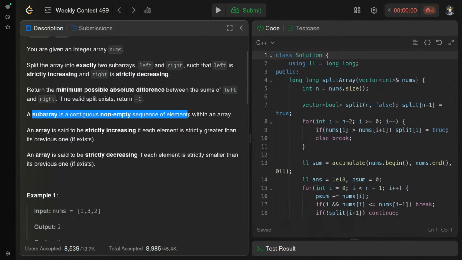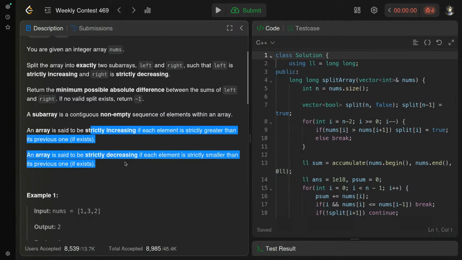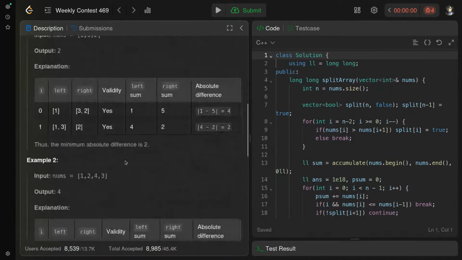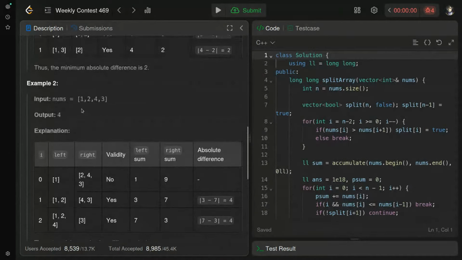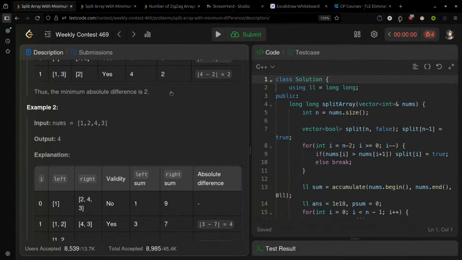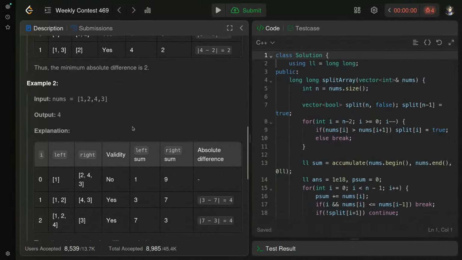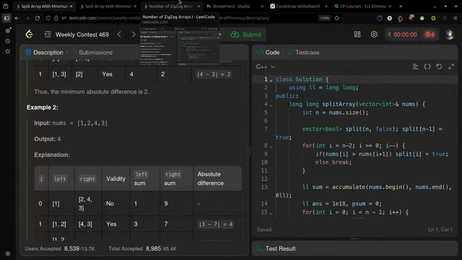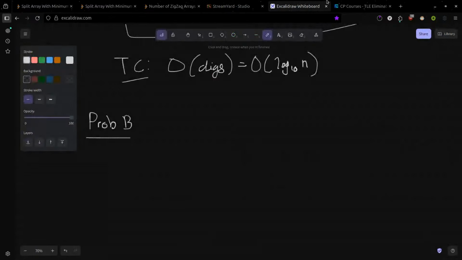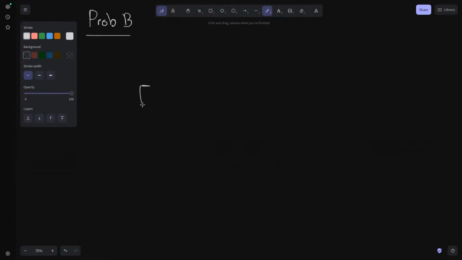So they're just defining subarray and they're defining what strictly increasing, decreasing means, right? And they've given a few examples. So let's take this example 1, 2, 4, 3. So basically, the question is saying, let's say we're given an array like this 1, 2, 4, 3.